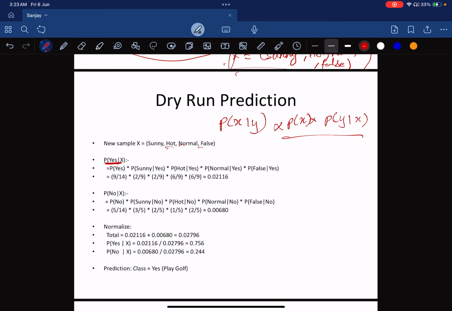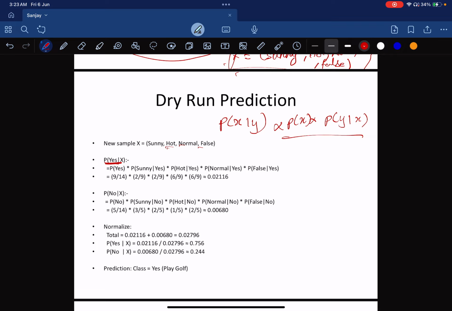It looks like P of Yes into P of sunny given Yes, that is the number of sunny occurrences in the Yes world, into the number of hot occurrences in the Yes world, into the number of normal occurrences in the Yes world, and the number of false occurrences in the Yes world.